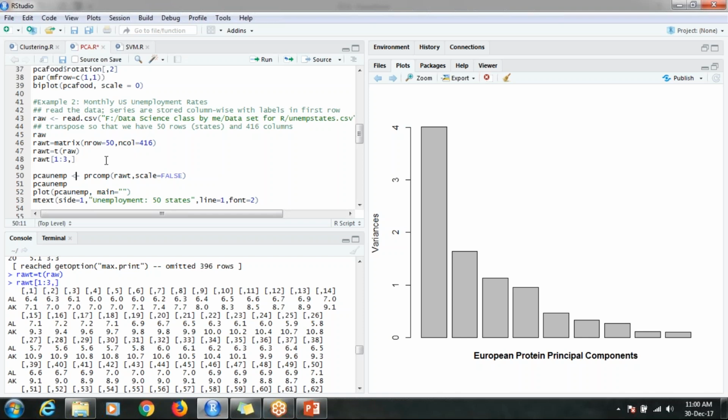Let us now make a PCA of this and try to understand. Here I'm not scaling, because all of them are on the same scale, this being the unemployment rate. So naturally they must be on the same scale, and for that reason I'm not giving equal weightage to all of them.